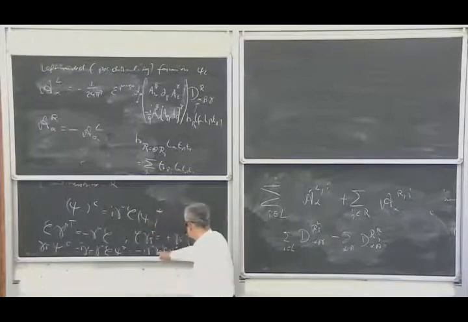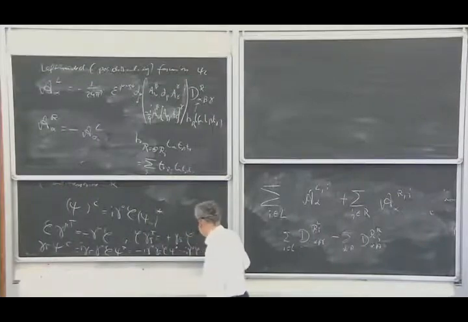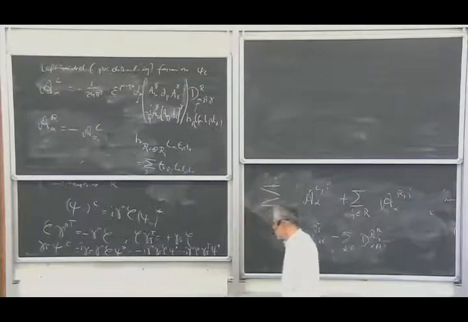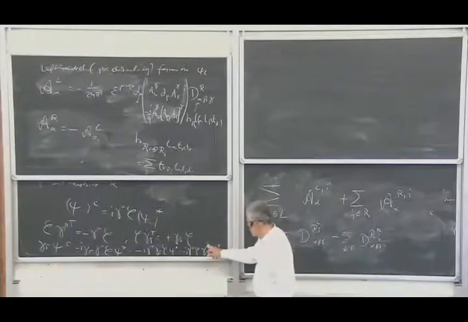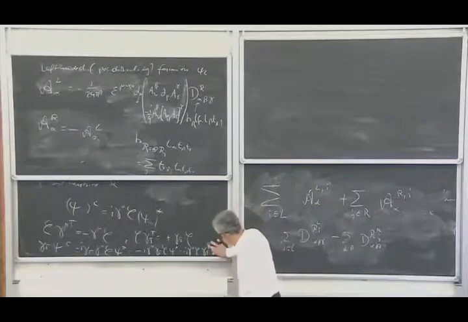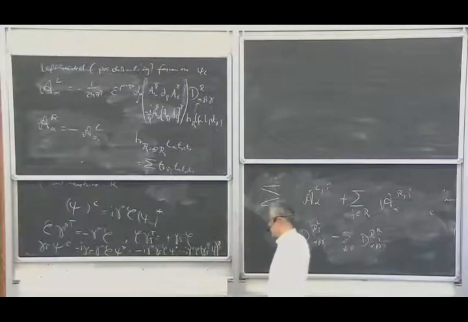And then gamma 5 C is C gamma 5 transposed, so I can flip them. So that's minus i, gamma 0, C, gamma 5 transposed psi star. But gamma 5 was Hermitian, so transpose is the same as complex conjugate. So I put a complex conjugate. So gamma 5 complex conjugate psi complex conjugate is just gamma 5 psi complex conjugate.